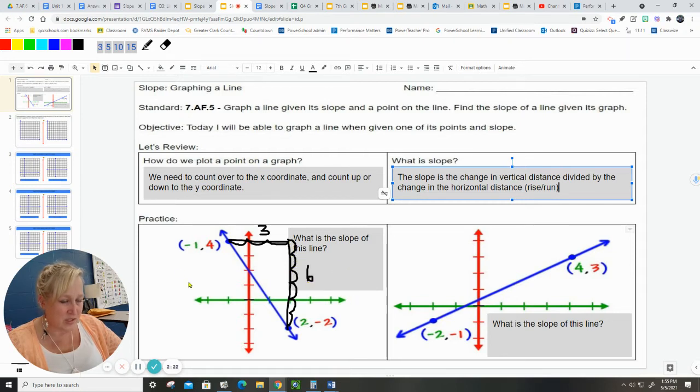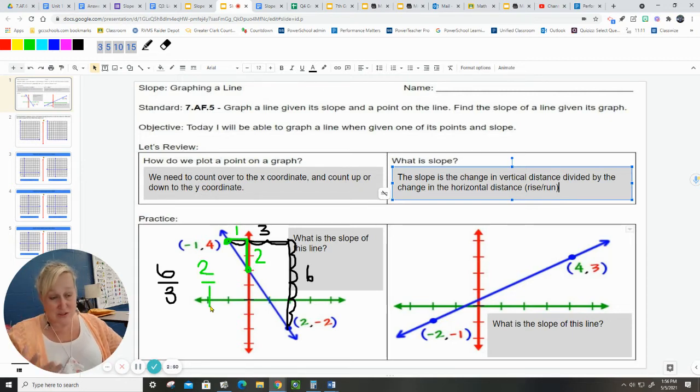So I'm going to say that way is 6 over 3, but then I'm going to do it the other way. Hopefully we can see green, because I see a point right here that crosses and a point right here that crosses. So that is this slope triangle, which is 2 and 1. So that would be 2 over 1.